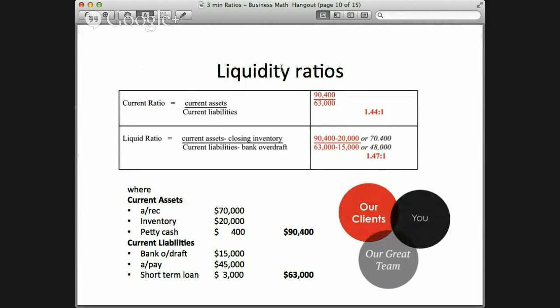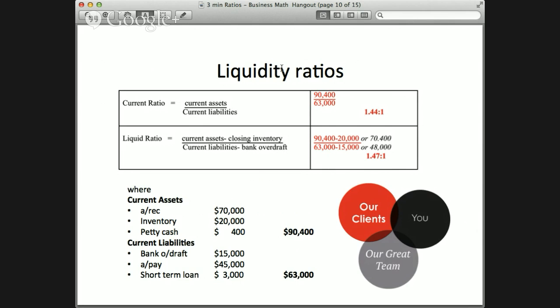So we have at the bottom of the screen, current assets and current liabilities. We've got accounts receivable, 70,000, inventory or stock, 20,000, and petty cash in the drawer of 400, which totals 90,400. The current liabilities is our overdraft, our accounts payable, and short-term loan, and all of that.